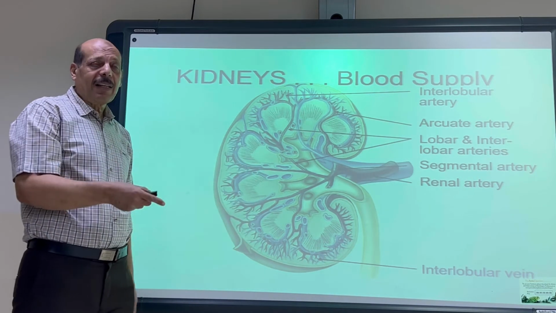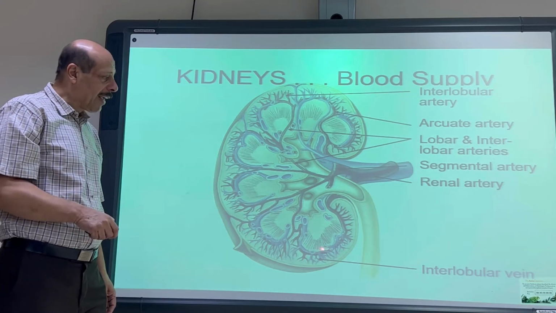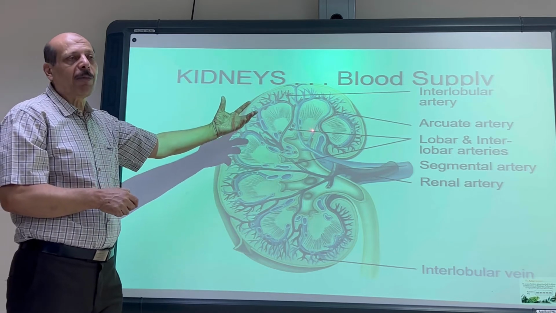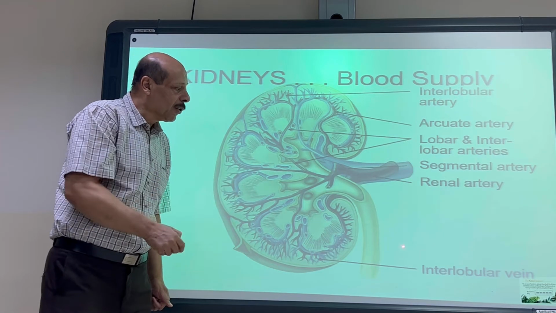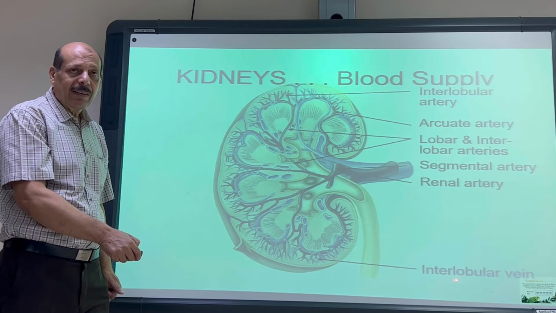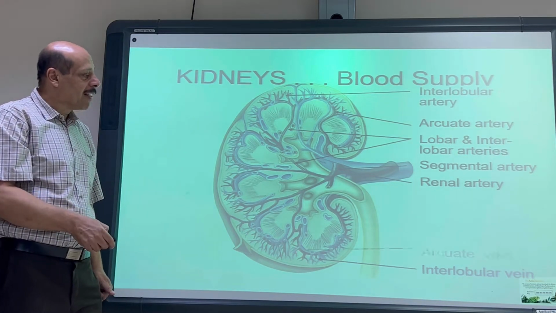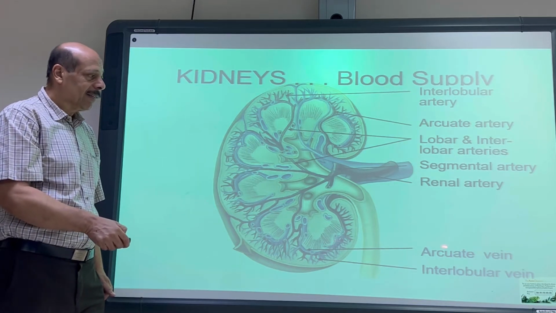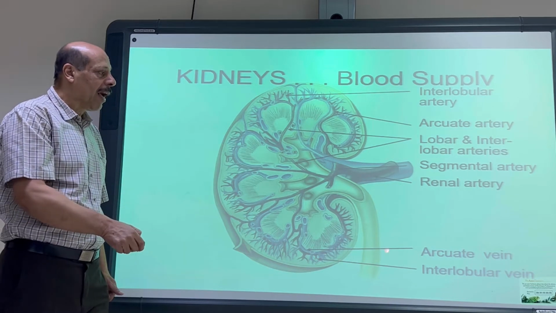Then the venous return of blood comes back through the same route, ending where it came from the artery. So the end is the interlobular artery, and the vein is the interlobular vein, taking blood from the capillaries. Then the arcuate vein, it's the same. We have the arcuate artery, then we also have the arcuate vein.